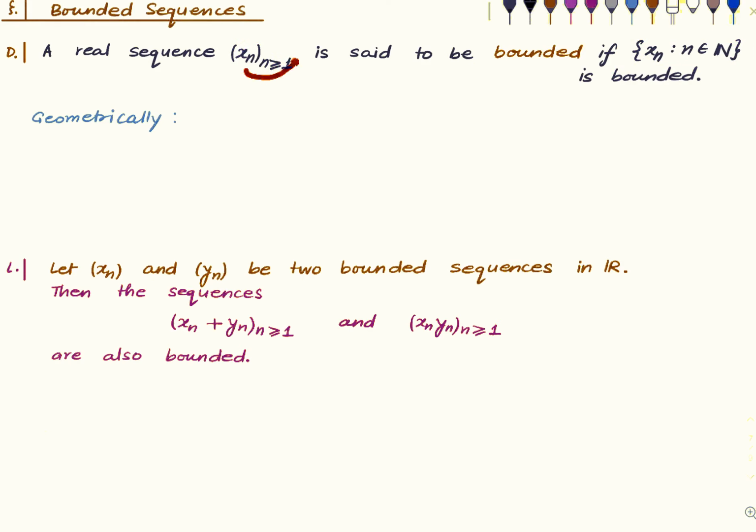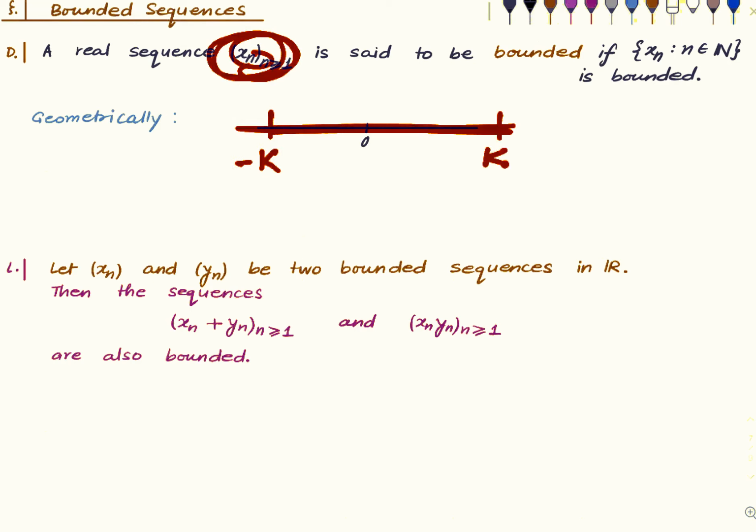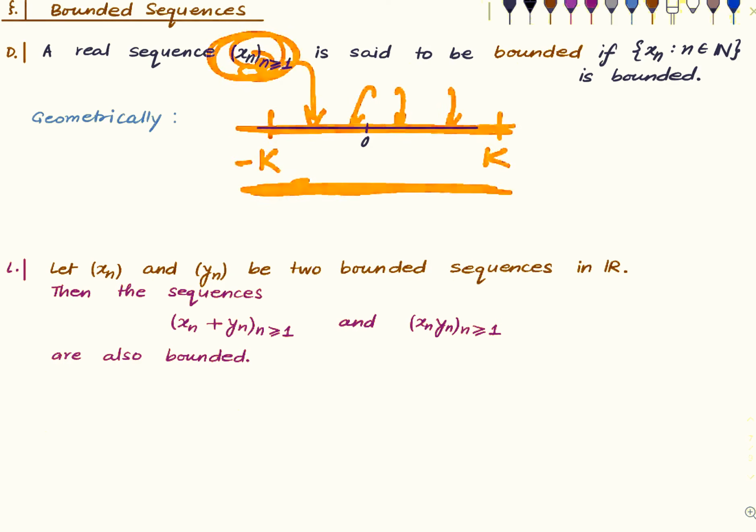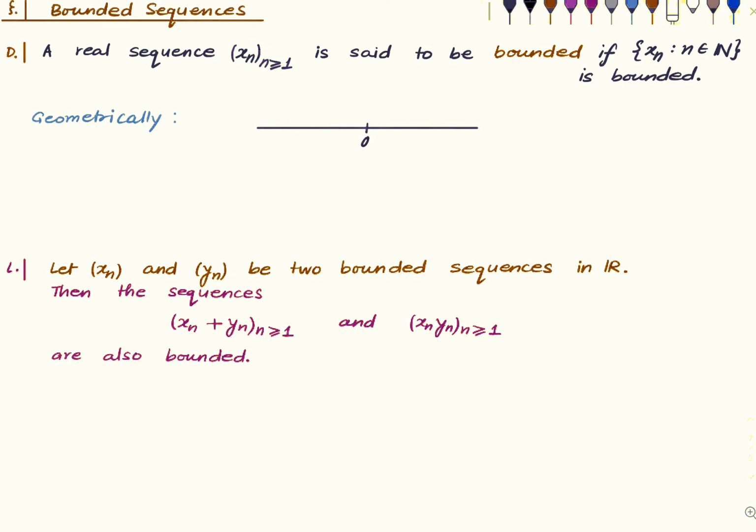Okay, so we say this sequence is bounded if the corresponding set is bounded. In other words, you can think of it in this way. This is a geometric picture. If this is the real line, we say this sequence is bounded if there is some k such that each xn is within the interval minus k comma k. That is one way to state it, but the other graphical way is the following.